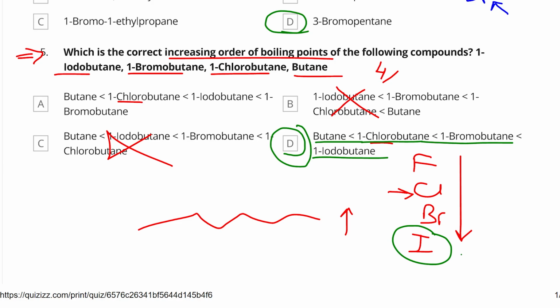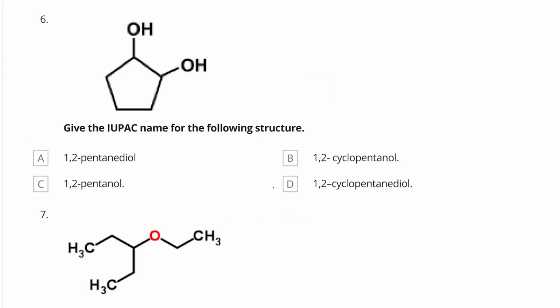So here, the parameter that we compare the molecules by is the type of halogen because they have the same carbon backbone, 4 carbon. Yes. Continuing question 6, a compound is given to you and we should give the name of the following structure. And so it's IUPAC naming.